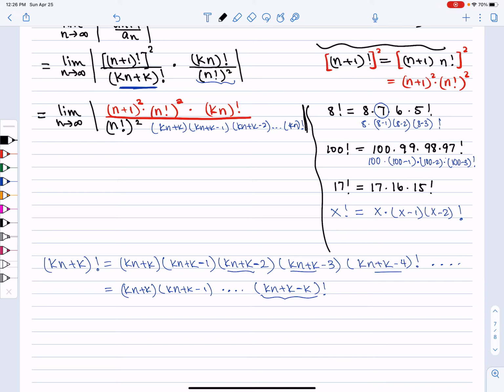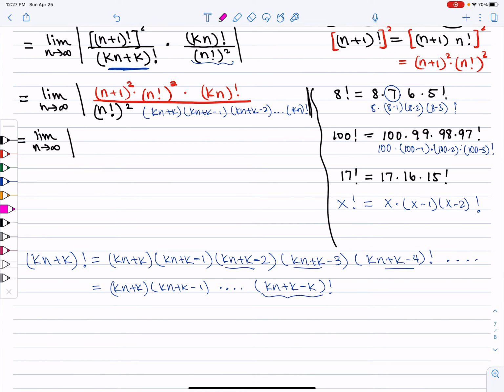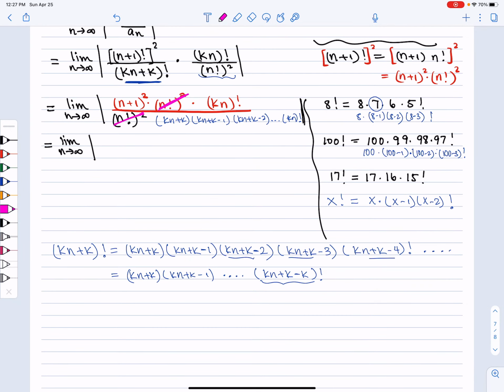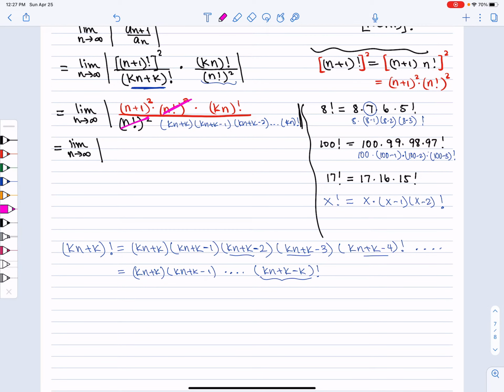We can simplify a couple of factors. We have the limit as n is approaching infinity of, let's simplify a couple of things. We can simplify n factorial squared with n factorial squared. What else can we simplify? We can simplify kn factorial with kn factorial.